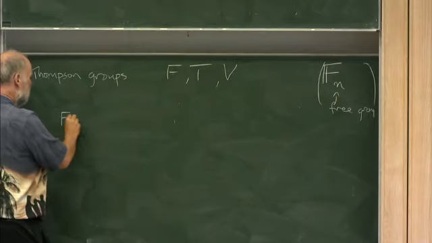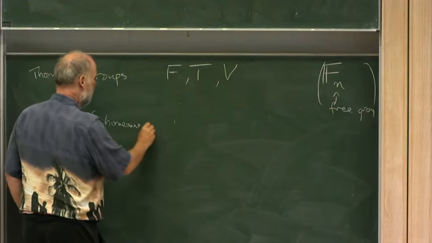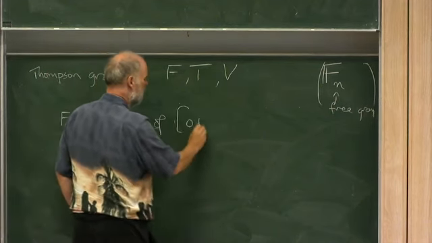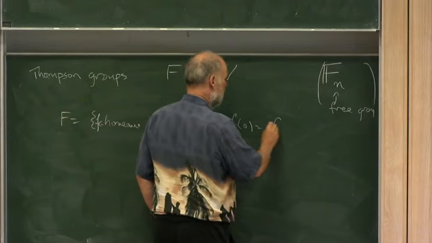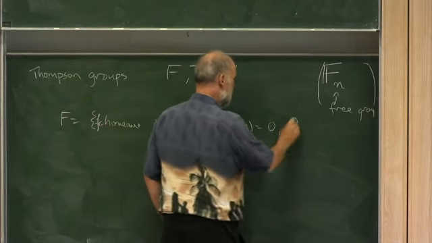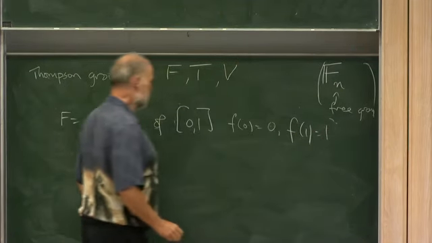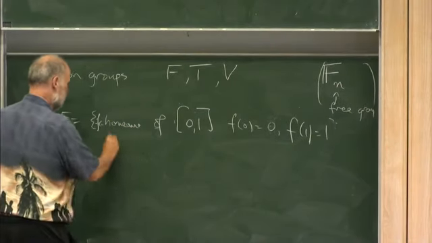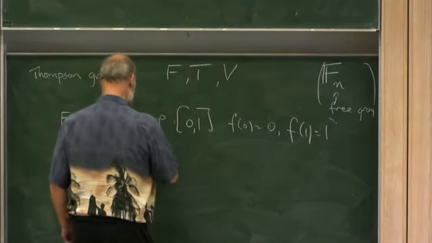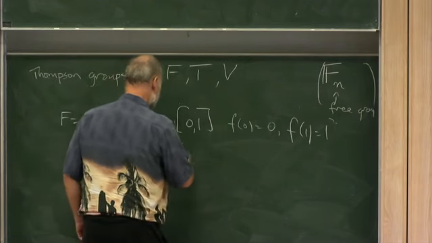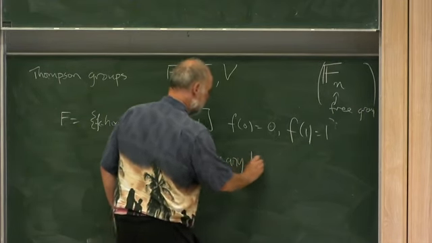So what is F? Well, as a set, it's a set of all homeomorphisms of the unit interval. Let's say little f, f of 0 is 0. And then there's a bunch of properties. First of all, it's piecewise linear with only finitely many discontinuities or singularities. Let's call them bad points.